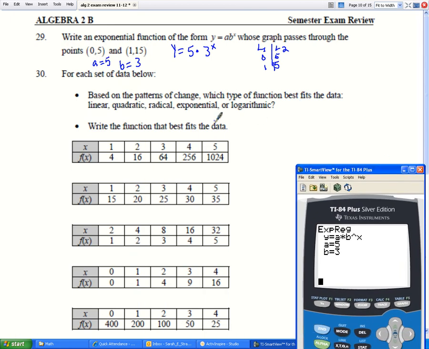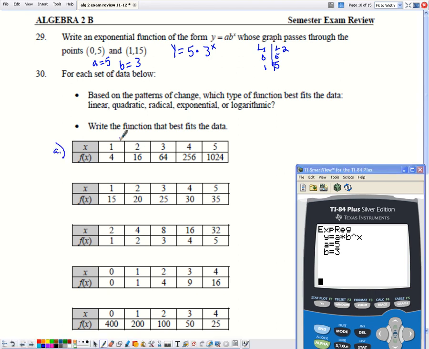Number 30, based on the patterns of change, which type of function best fits the data? Linear, quadratic, radical, exponential, or logarithmic? And then write the function. Well, we'll call this A. For A, the x values are going up by 1, and we can see that there's a multiplication pattern of 4. So that tells us this one is going to be exponential.